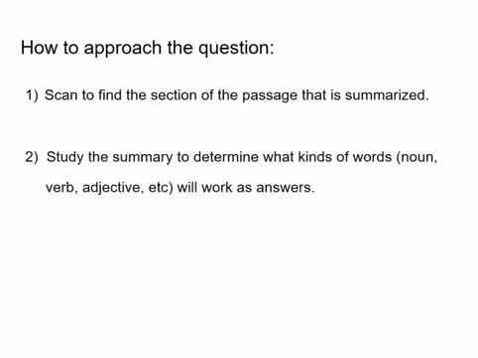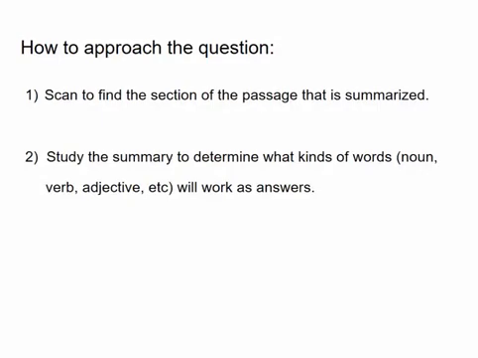Okay, so after you found the place in the passage where your information is summarized, then you need to study the summary a little bit, okay? A first thing I recommend is to study the sentences that include blanks in order to try to figure out what kinds of words you can use to fill the blanks. Nouns, verbs, adjectives, etc. In a summary completion, the sentences will be complete sentences, right?